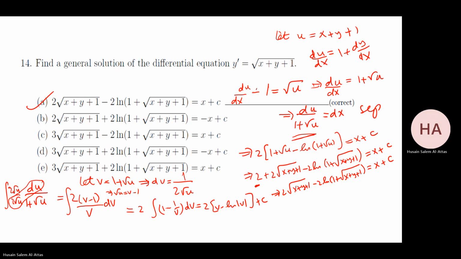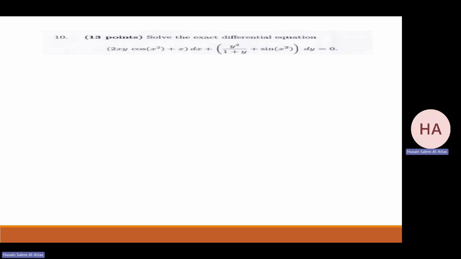Okay. Pick one with the constant, with these two. Solve this. The first thing seems exact. So this is partial f with partial x, partial f with partial y equal this.